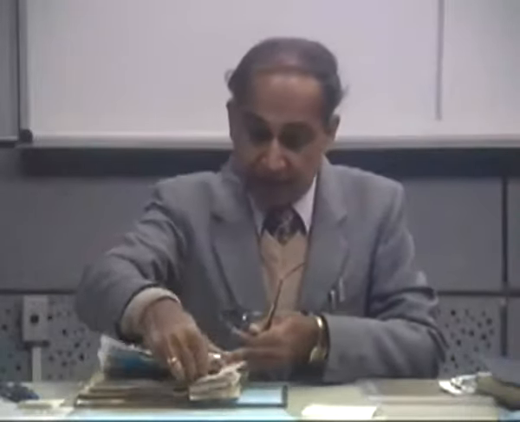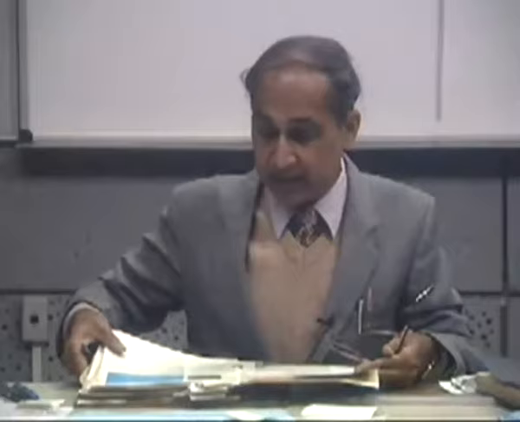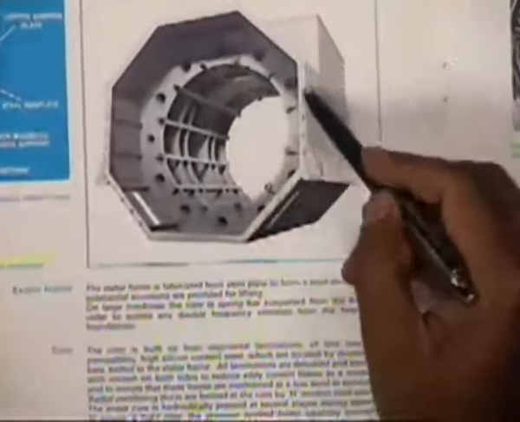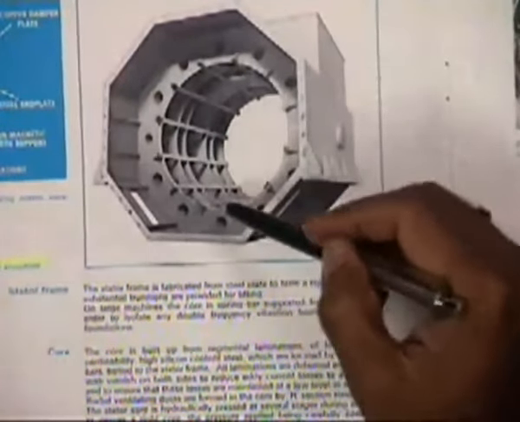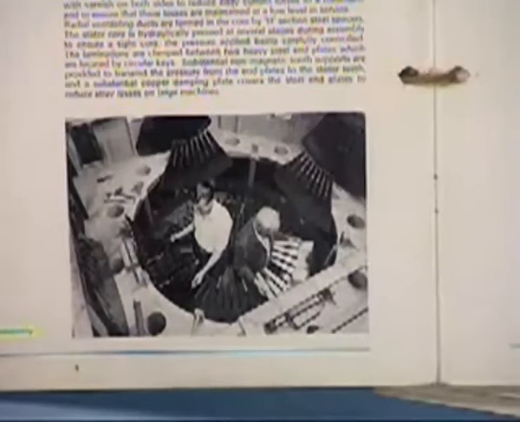Now we will also go a little further and see some other parts of the machines. See, here is the basic frame of a stator, a fabricated stator structure, and to follow it up with a complete stator assembly.